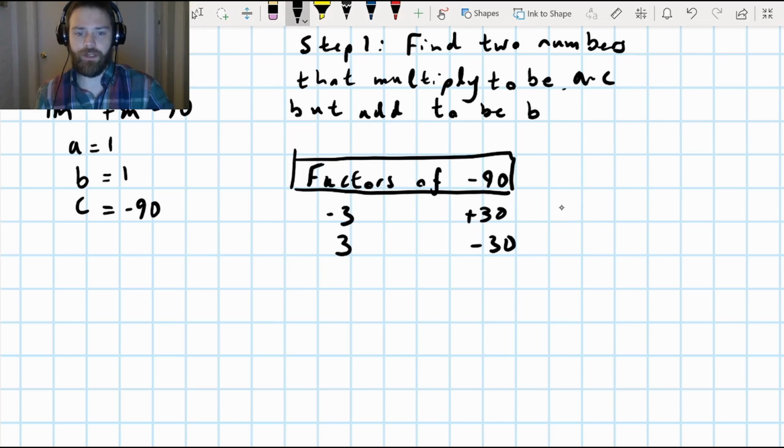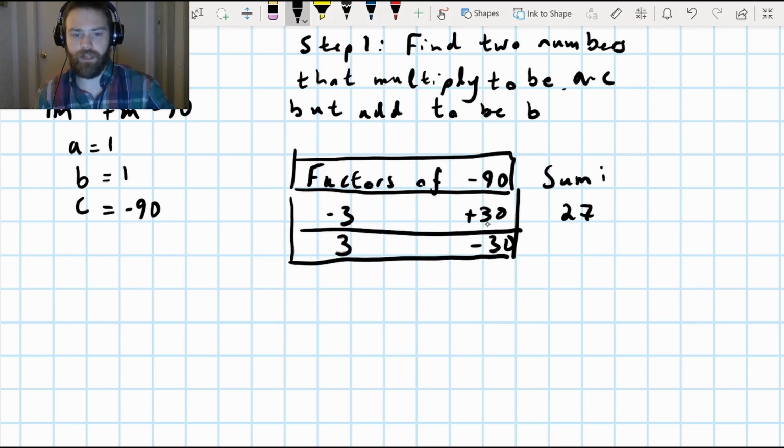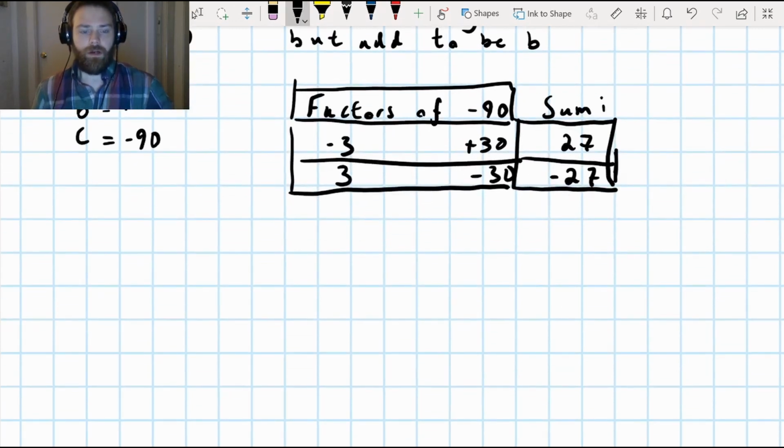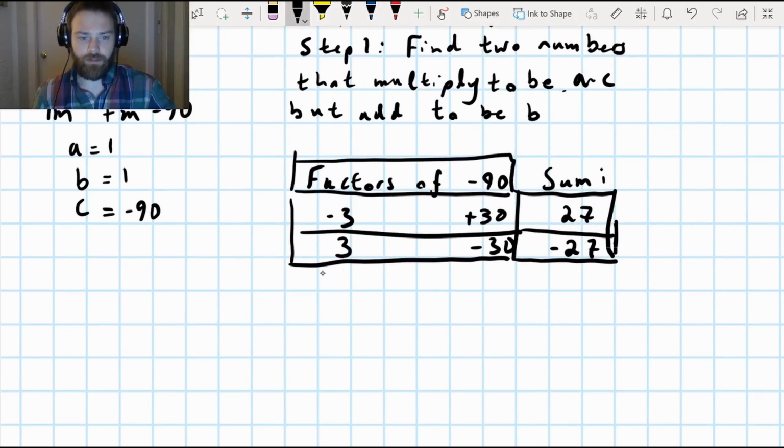So if I do this, I get positive 27 here for their sum. So remember, we're adding across these rows, right? Negative 3 plus 30 is 27, which is not our b term, so this pair won't work. And then similarly, right here, I've got negative 27. I'm trying to make this as neat as I can. Okay, so let's look for some other factors. Negative 3 and 30 didn't work.